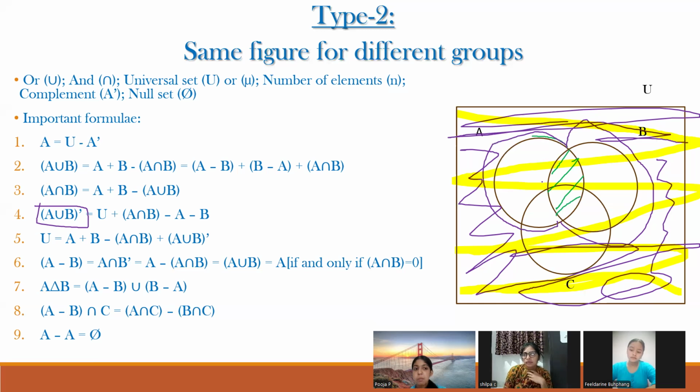But what are you looking for, or what is your answer going to be? Things which are not there in A and B. What is meant by complement? Which is not a part of A and B. But you have taken the universal set, so you have already considered A and B, correct? So what should you do? You should remove that.